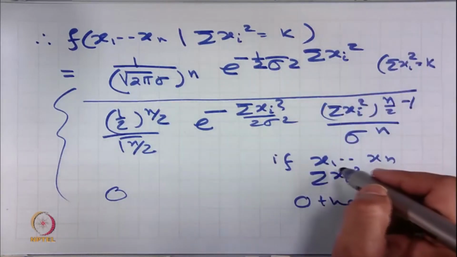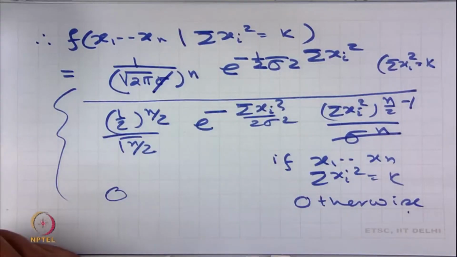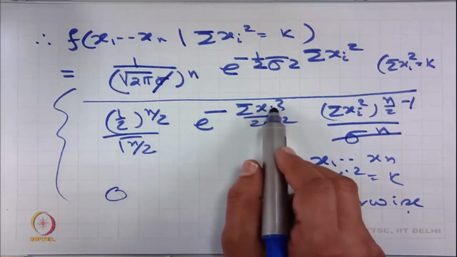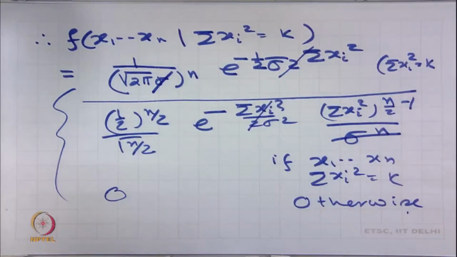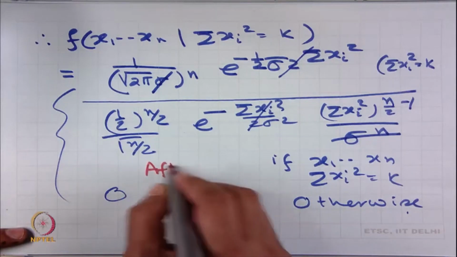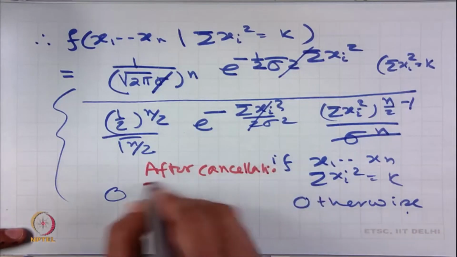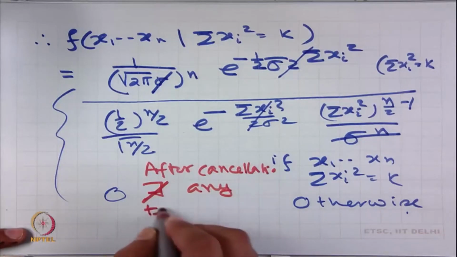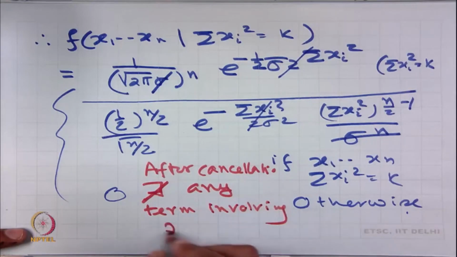Now, let us look at this. This sigma to the power n cancels this sigma to the power n, and e to the power summation xi square upon 2 sigma square also gets cancelled. So, we can see that after cancellation there is no term involving sigma.